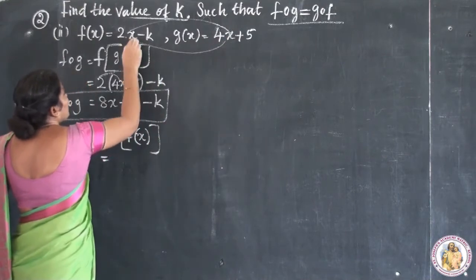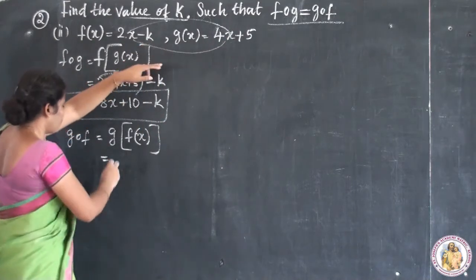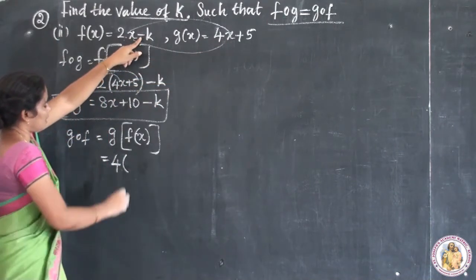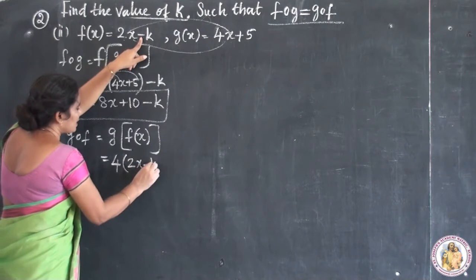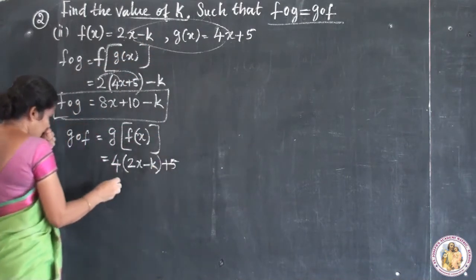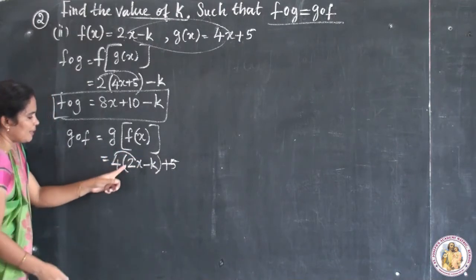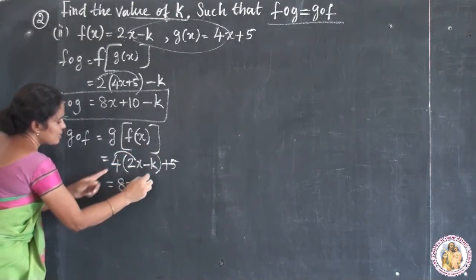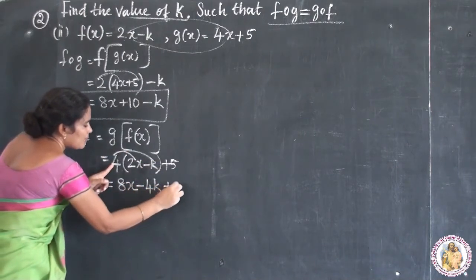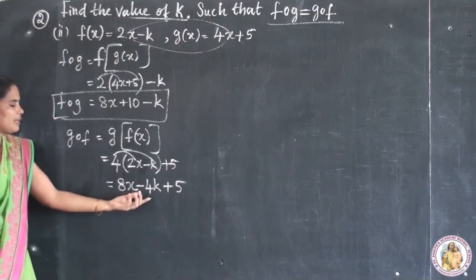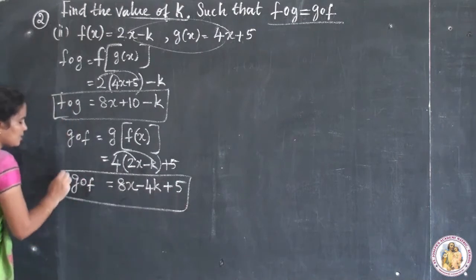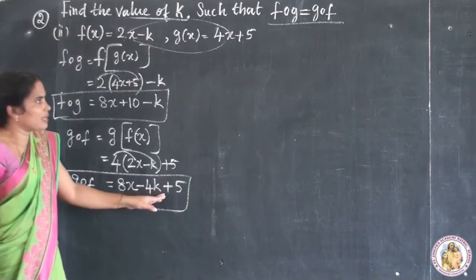You have to write 2x minus k, so 4 times 2x minus k, plus 5. 4 twos are 8x minus 4k plus 5. We have two different variables. So g of f is 8x minus 4k plus 5.